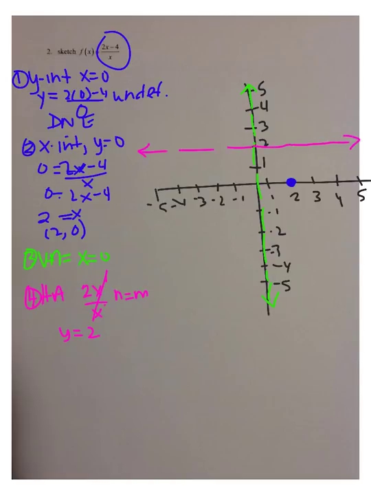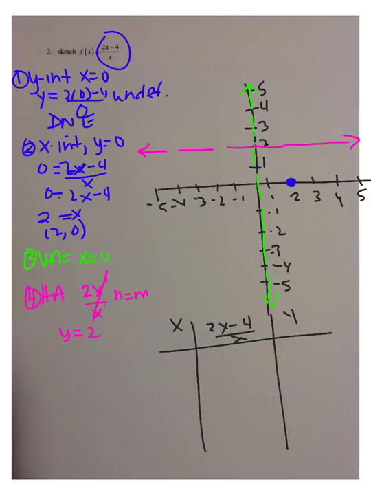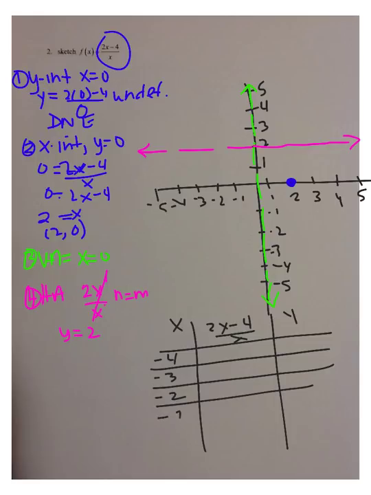Okay, so now what I'm going to have to do is make a table of values to find some other points. Alright, so I'm going to do some numbers to the left of 0 and some numbers to the right. So I'm going to use -4, and I'll use -3, -2, -1.